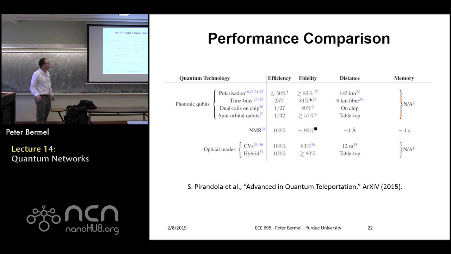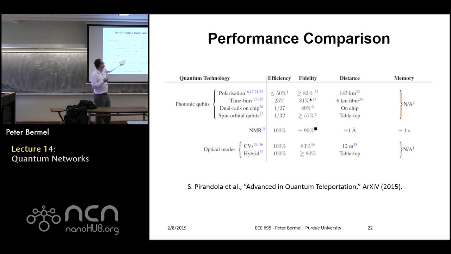And just to compare the performance, you can see for photonic qubits, in these 143 kilometer systems, the efficiency is less than 50%, but that's still pretty good given how new the technology is. And the fidelity, or the accuracy of reproducing the original quantum state, is around 83%.